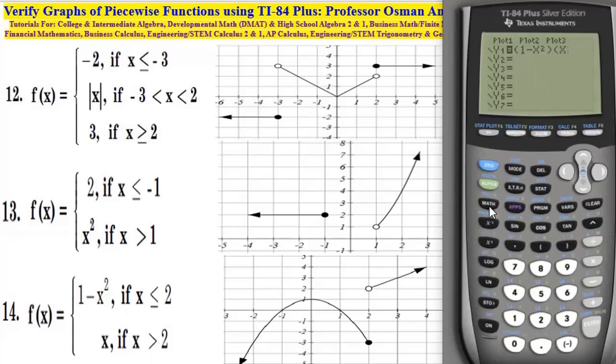Second math, less or equal is number 6, to 2, and it is x, and this is valid when x is greater than 2.